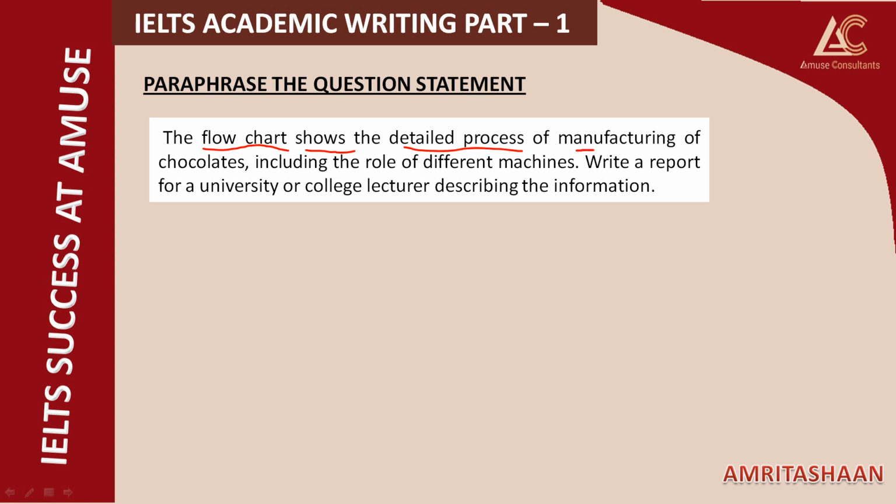We can even change the word manufacturing, and the chocolates will remain chocolates. And we can also mention the role of different machines. So there are so many words we can focus on, and very easily by changing these words we can paraphrase the question statement and give a wonderful start.